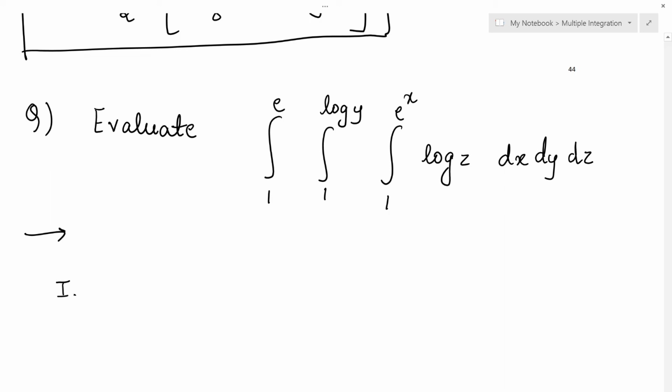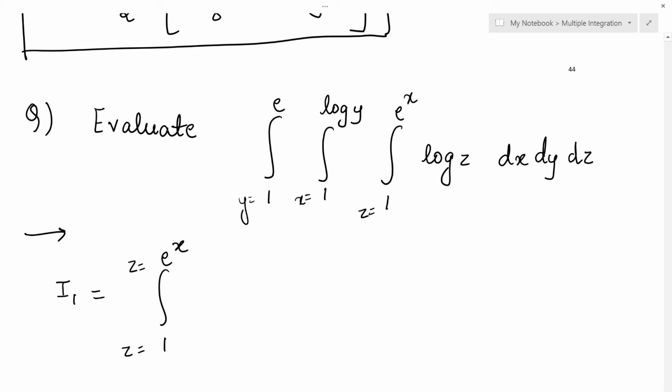So first integration I1, I will consider 1 upon e raised to x is there. I'll have to integrate with z, because you can see these will be the limits for z. The innermost limits will be for z, and then these limits will be for x and then with y. This is how you'll have to integrate.